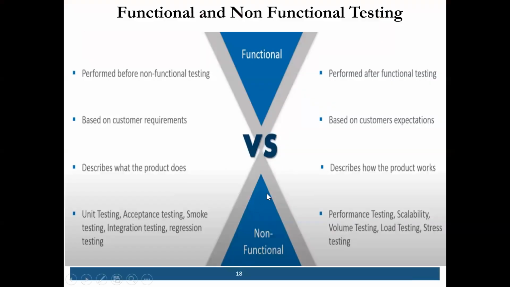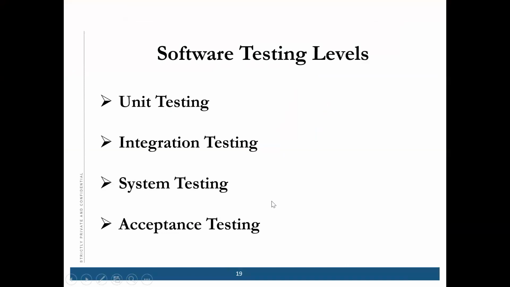Okay, we'll move ahead. These are the different levels of testing. Software testing levels: unit testing, integration testing, system testing, acceptance testing. This is just like the four different ways of doing testing, but there could be n number of other testing as we have discussed, like sanity, smoke, exploratory testing, monkey testing.